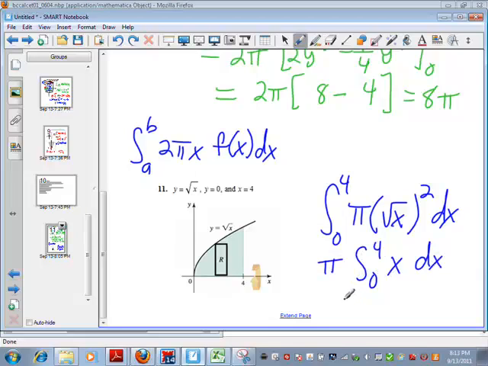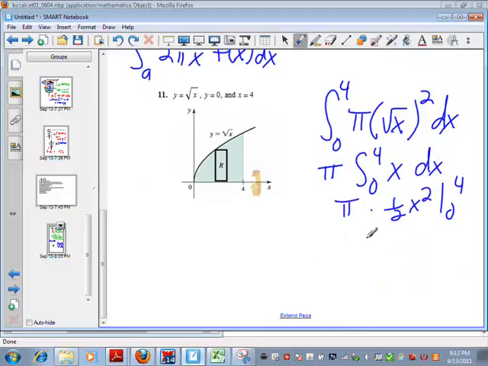And then it's pi times 1/2 x squared from 0 to 4, plug in 4, 0, 16 over 2, 8 pi. Okay. So I really like that one.